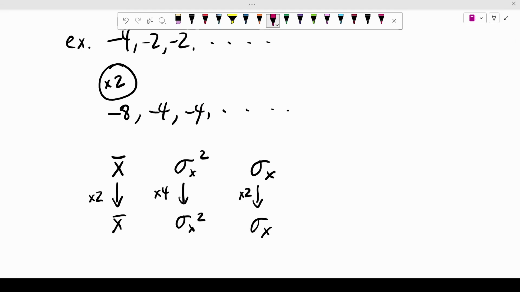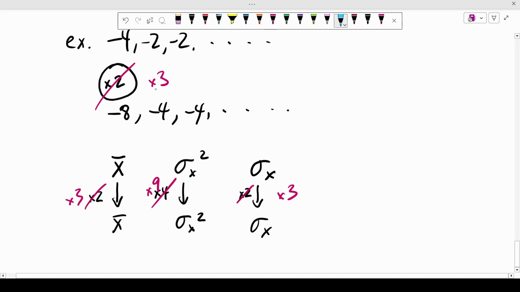If, on the other hand, instead of doubling, you triple, you're going to triple your mean and triple your standard deviation, and you're going to times 9 your variance.